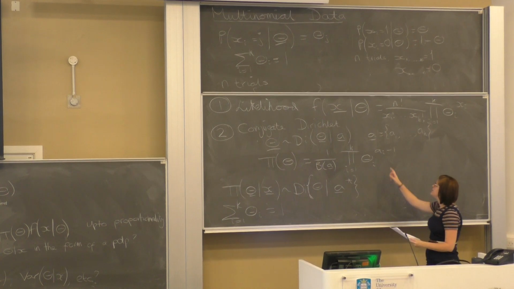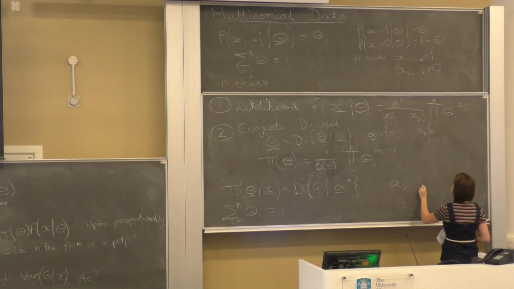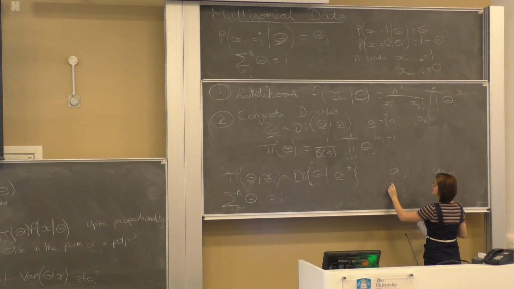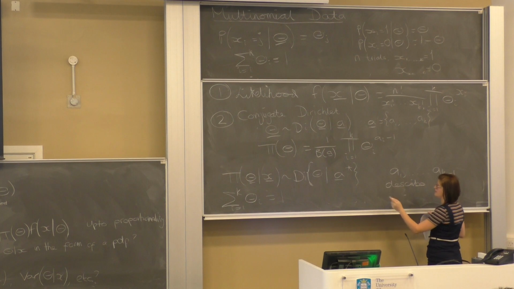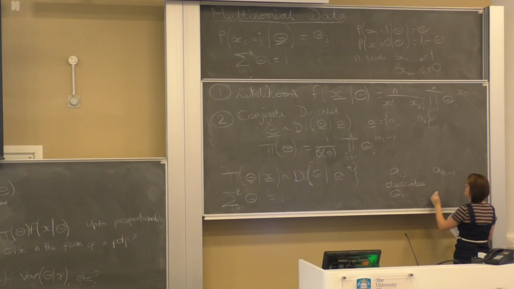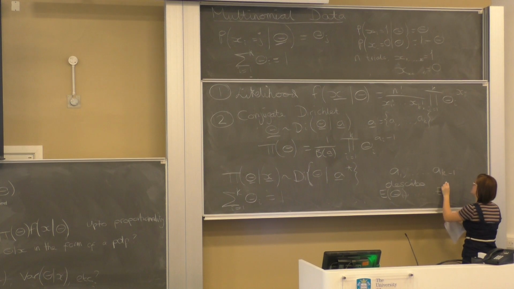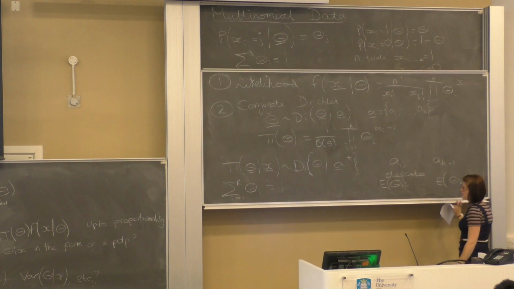So if we were to use our alpha 1 to alpha k minus 1 to describe our expectations about each of our parameters that aren't then constrained, and we use that to describe our expectations of those, then we can do that.